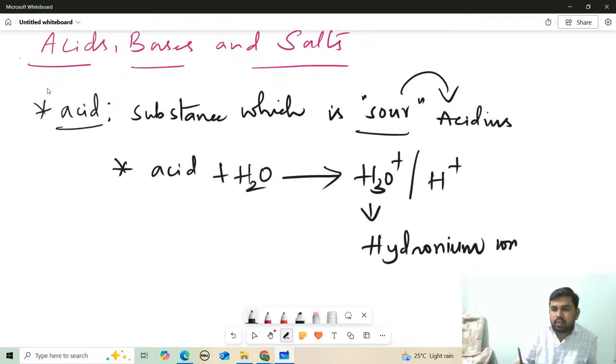This will produce hydronium ions, or we can say hydrogen ions. H plus is called hydrogen ion. This is very important.